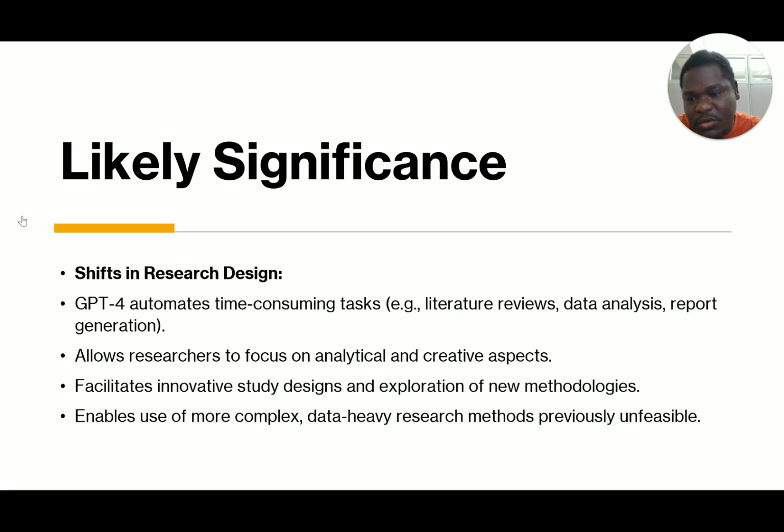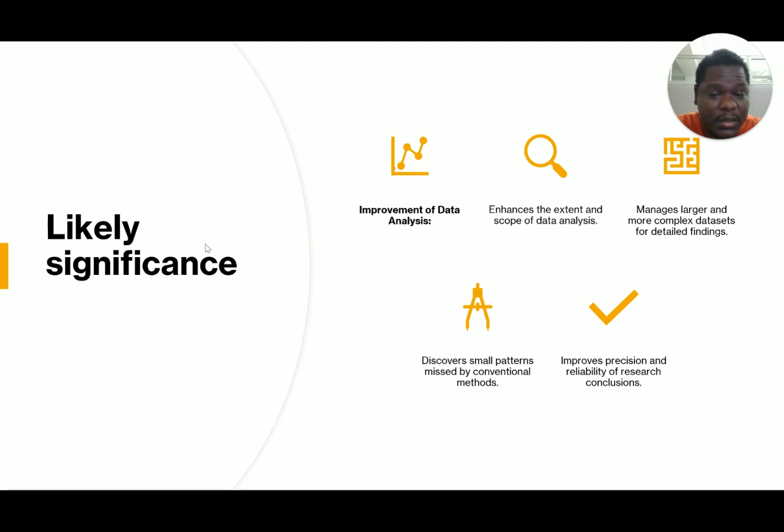And then it also improves data analysis, and enhances the extended scope of data analysis, manages larger and more complex data sets for detailed findings, discovers small patterns missed by conventional methods. So that actually refers to when a human cannot find patterns when you're looking at the data over and over and over again.